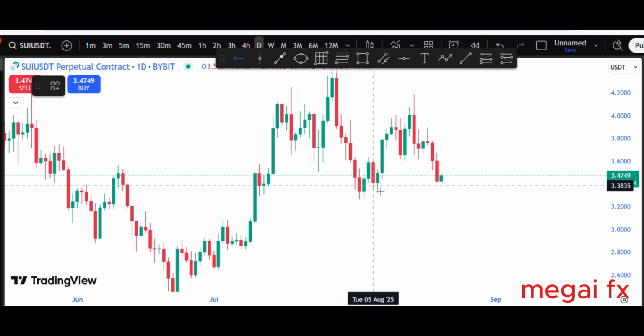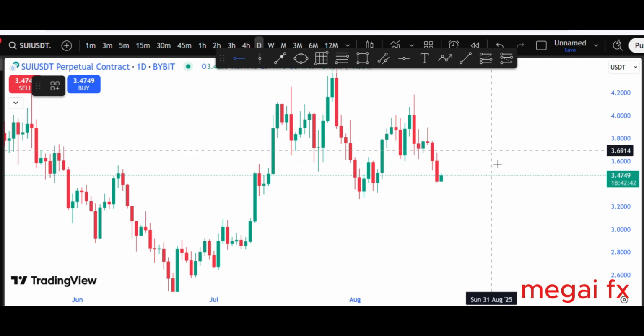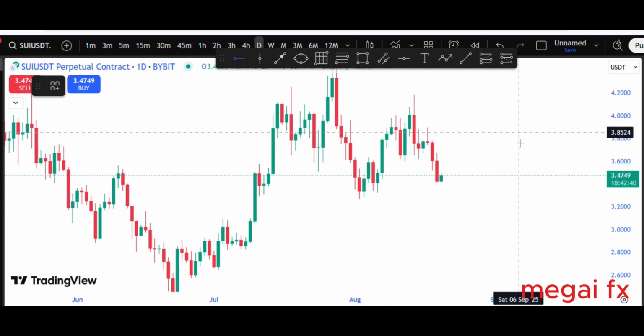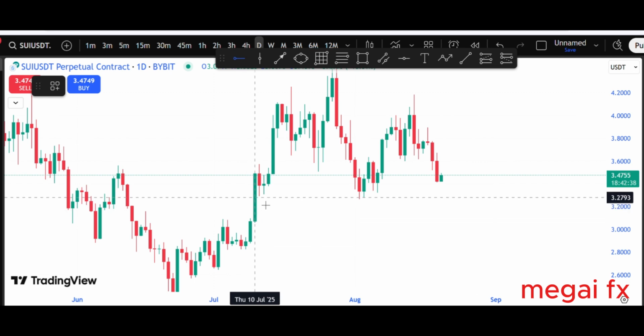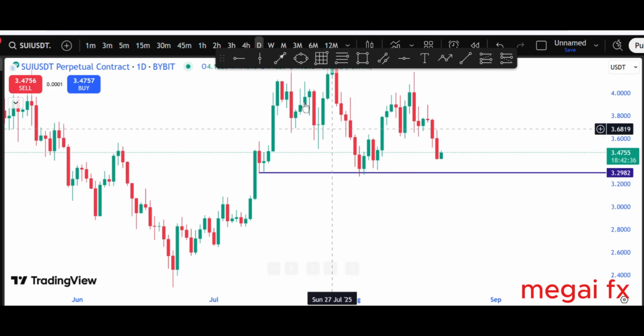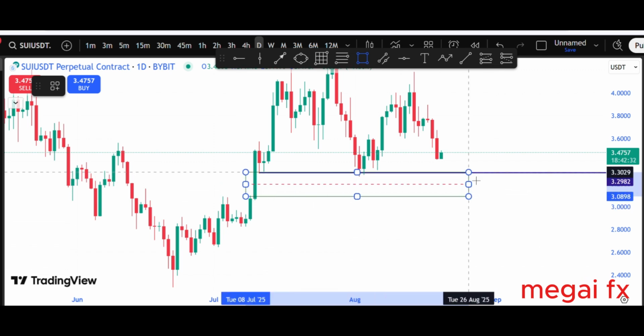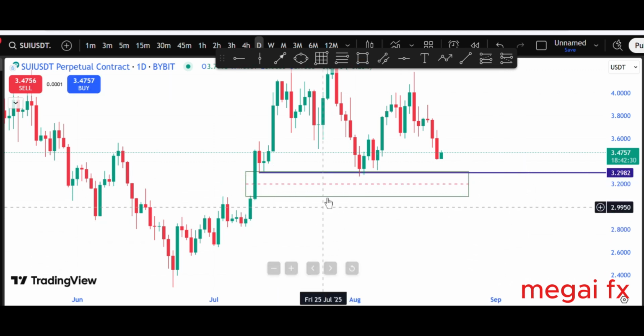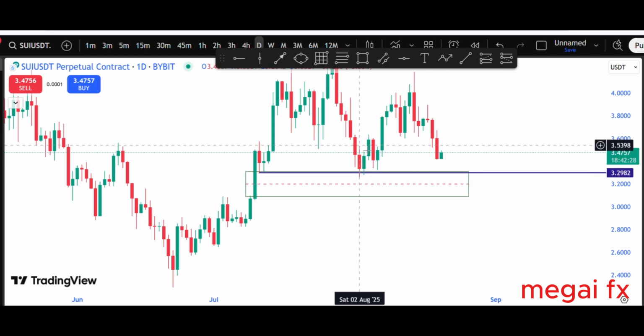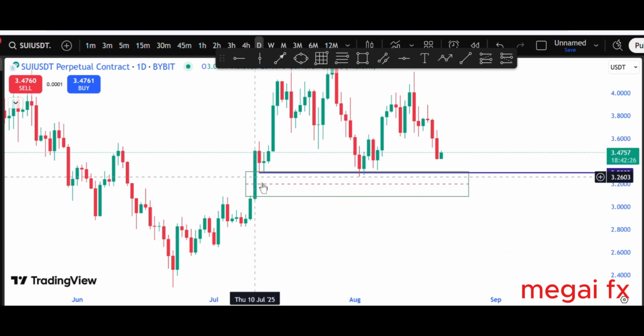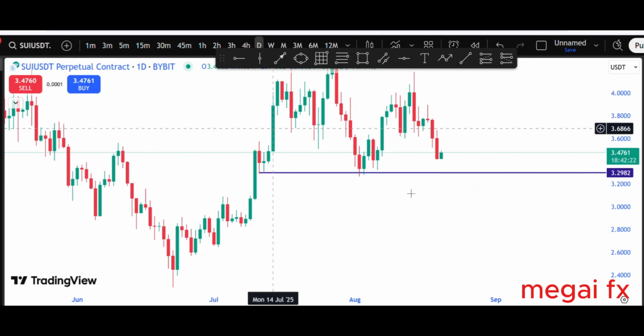So lastly, let me show you, because this video is getting so long. I want to bring your attention to this low. We have a fair value gap here. You notice that price tapped into this fair value gap on USDT, violating this low and taking some sort of liquidity below this low.